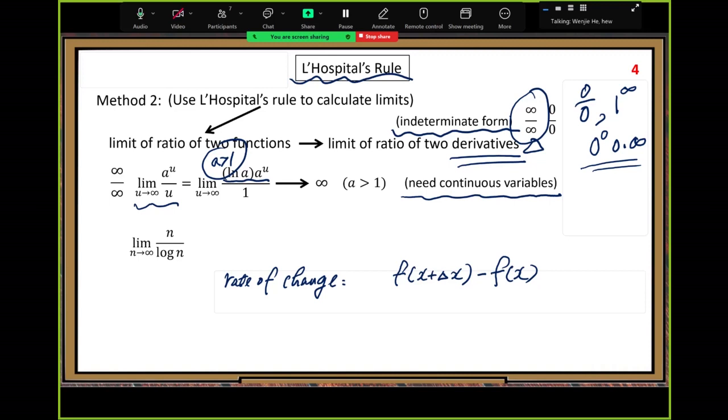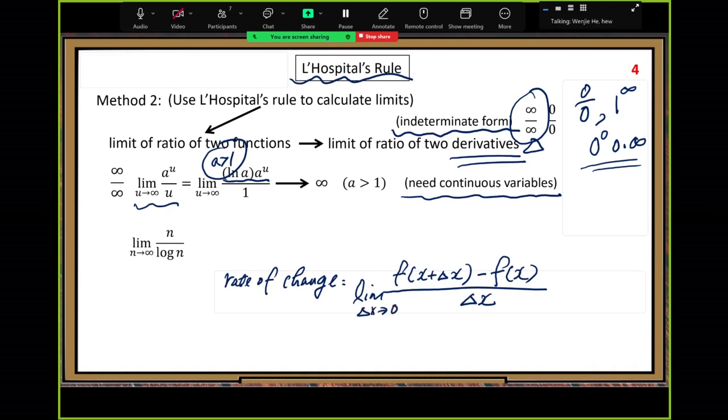The rate of change is the function value change over the variable change, numerator the function value change, denominator the variable change, and you take the limit as delta x goes to 0.